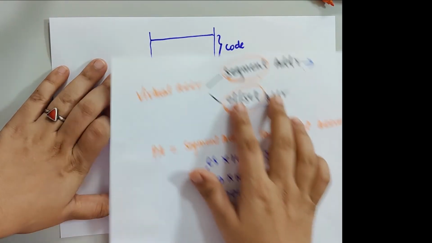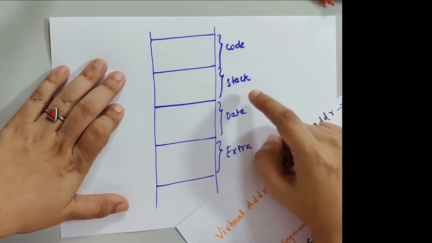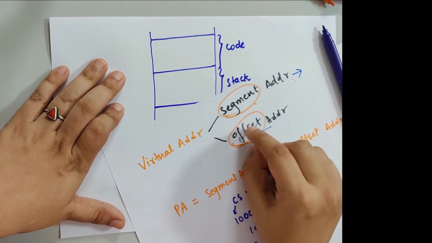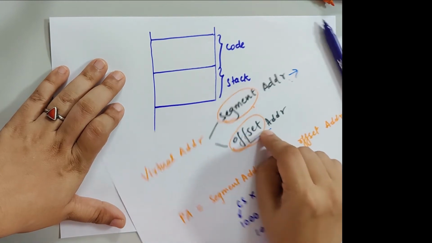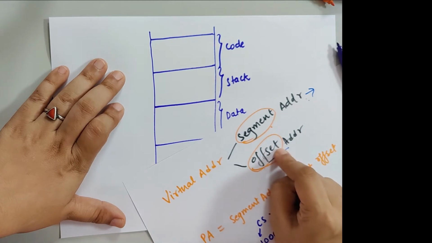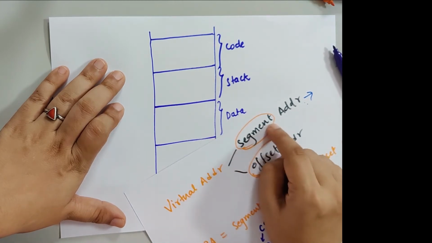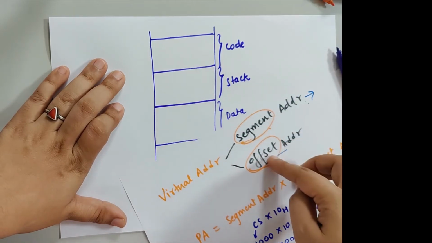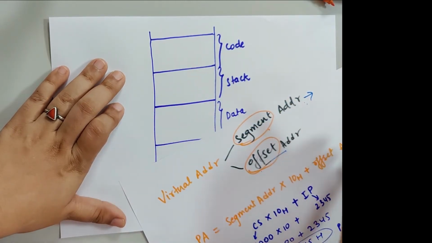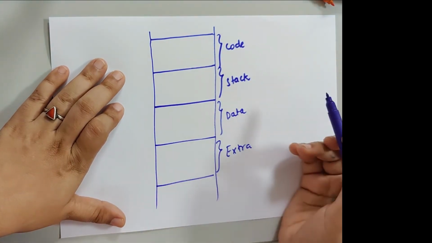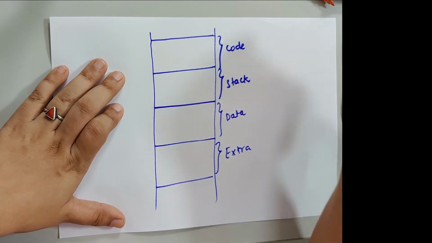For every segment we have created, code segment, stack segment, data segment, extra segment, we have different segment registers. Similarly, we have different offset registers for all of these segments. In the offset registers, the offset address will be stored. In the segment registers, segment addresses will be stored. So we will see what the segment registers and the offset registers are for all of these segments. First we'll see the segment registers.